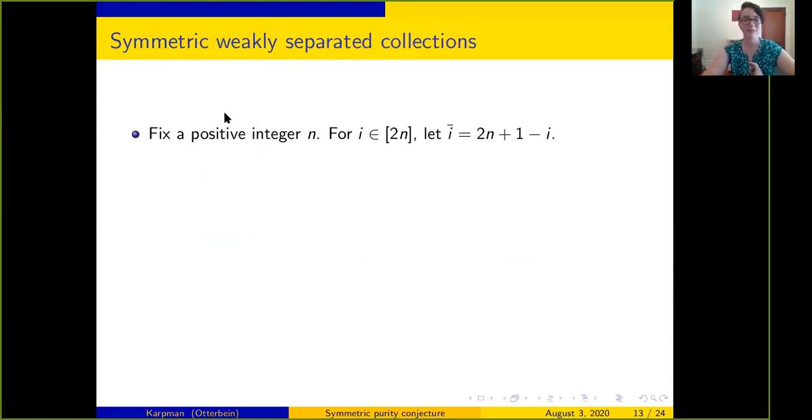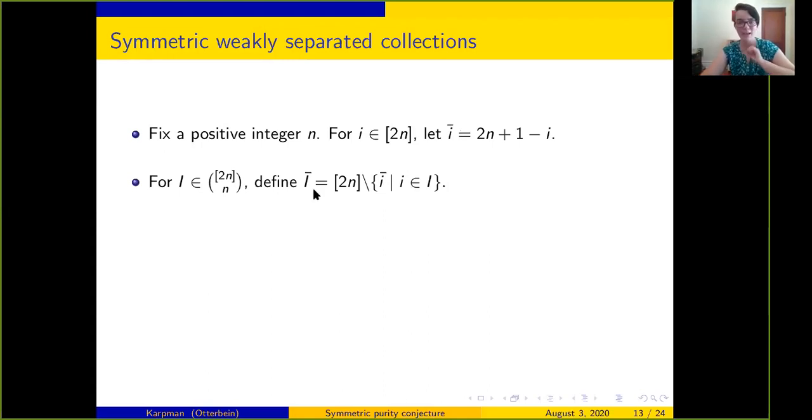So just a little bit of notation. I have a fixed n that I'm using for the rest of the slide. For any integer i from 1 up to 2n, i bar is just the integer such that i plus i bar equals 2n plus 1. And then I apologize for this notation.